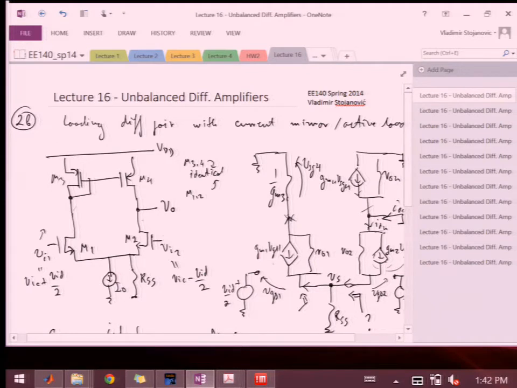If gate increases, the drain current increases. So because there's some impedance attached, what is going to happen with the drain? You're pulling more current, so drain has to go, up or down? Where is it going?